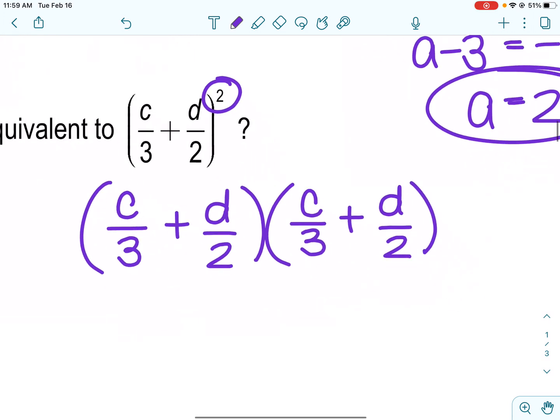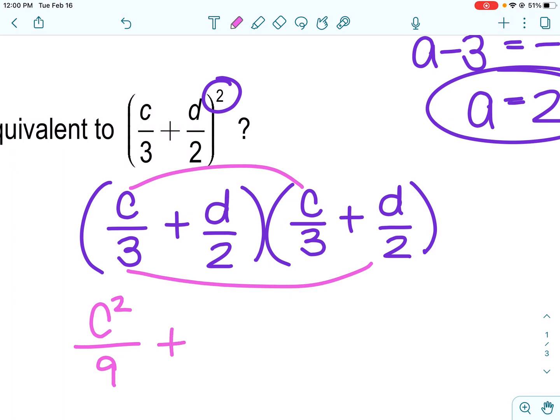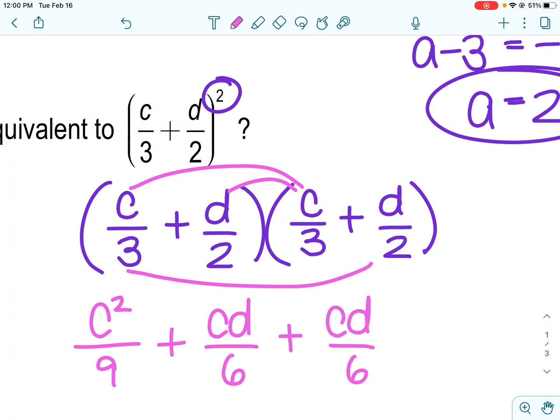Okay, and then I'm just going to FOIL. So here, this is going to be c squared over 9 plus cd over 6 plus cd over 6 again, and then finally plus d squared over 4.